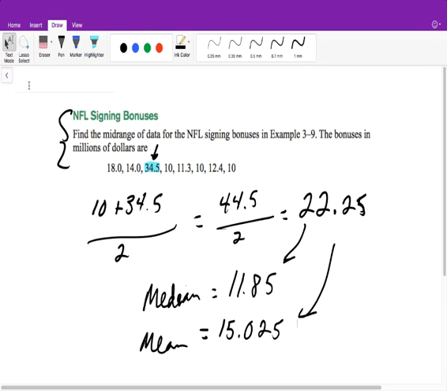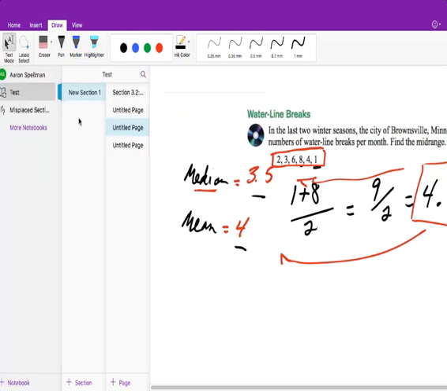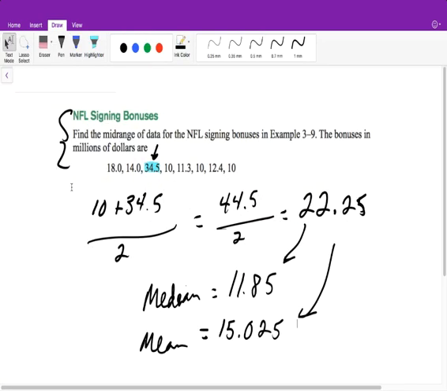Unlike the last example, where everything was very close to each other and our mid-range was quite close to both our median and our mean, if we have an outlier, that's going to change our information. So if we have one number that is way higher than the rest or way lower than the rest, it's going to give us an inaccurate representation of our data. All right, that is it for this video.